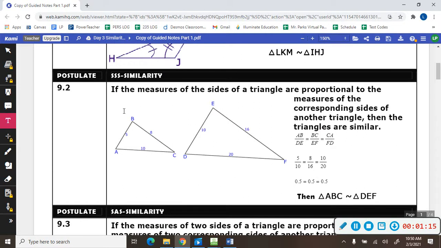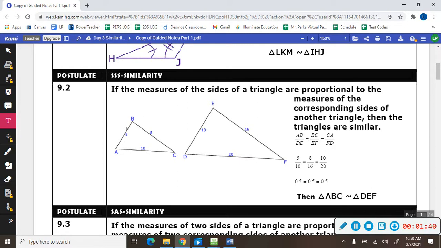Also, if you know side, side, side, so if you know that the sides are proportional, then the triangles are also similar. So it's not that 5 equals 10 or 8 equals 16. It's that these form a proportion that are equal. It's easier to go backwards.